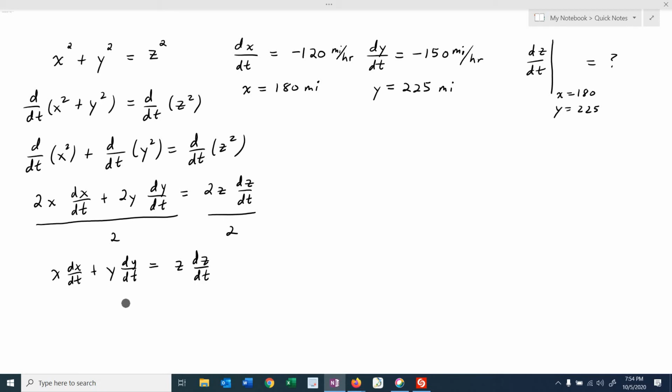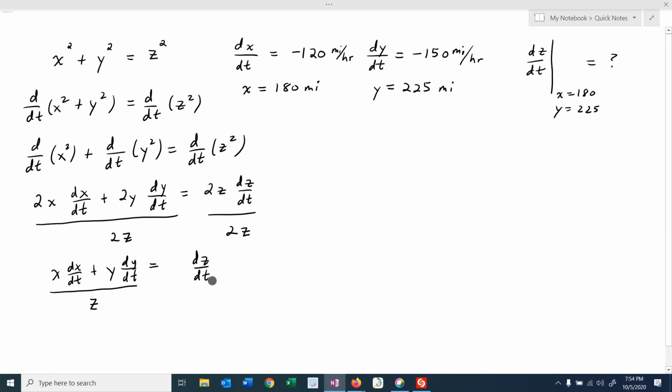And then we can divide both sides by z. In fact, let's just divide both sides by 2z. And that way the z's will cancel out on this right-hand side, and we'll be left with a z on the left-hand side. Okay, so now we have dz/dt by itself.